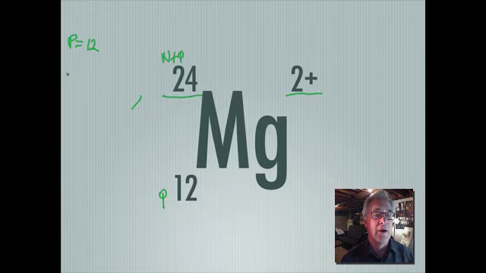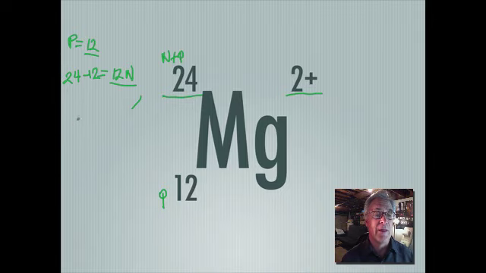All right. Now we're going to figure out the neutrons. That's 24 minus 12, which is going to be 12. So it's going to be 12 neutrons. We have 12 protons. Now, if this particular magnesium was stable, the charge would actually be 0.